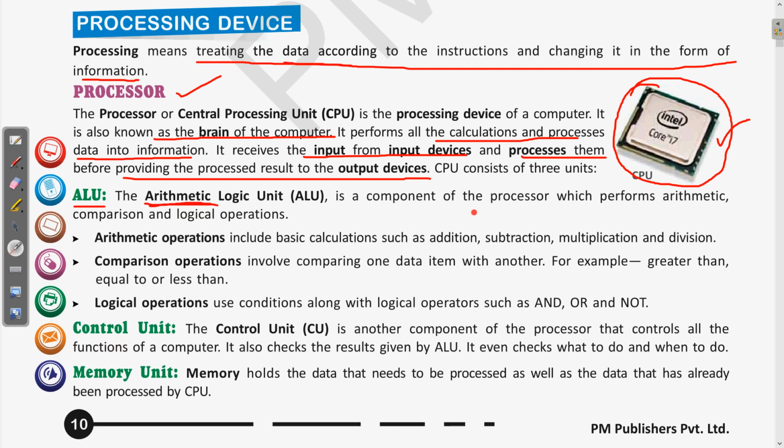It is a component of the processor which performs arithmetic, comparison, and logical operations. Clear? So the ALU does the arithmetic part, then the comparison part, and logical operations also. Let us see these three one by one. First, the ALU does the arithmetic operation, that is the calculation.